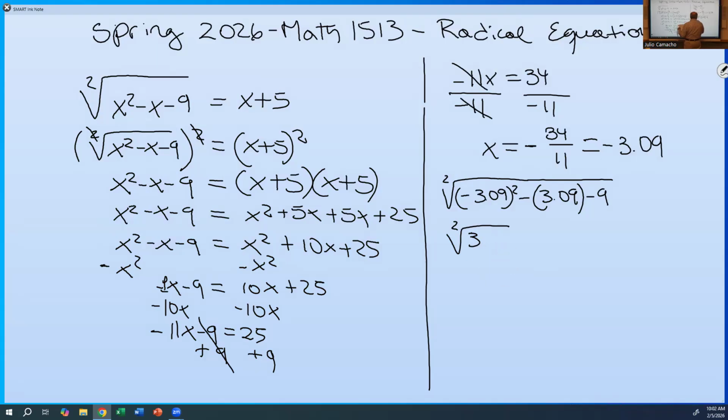The square root is equal to 3.64. I did all this equation and the answer.